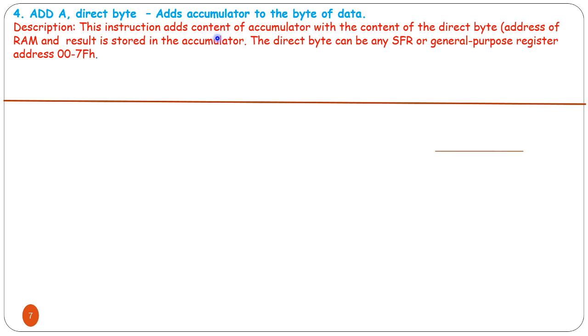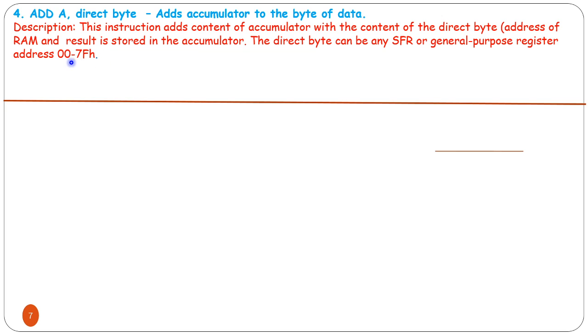This instruction adds the content of the accumulator with the content of the direct byte address of random access memory. The result is stored in the accumulator. The direct byte can be a special function register address or a general purpose register address, 00 to 7FH.